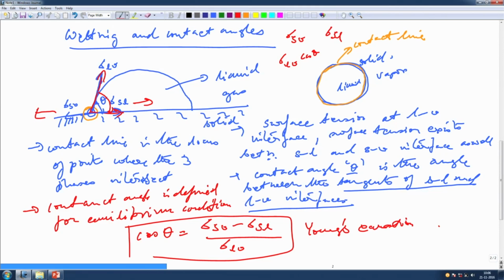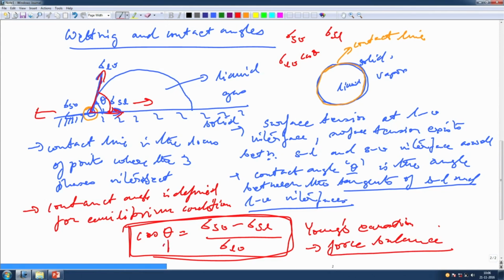So, all of that cancels out, and therefore, you get this particular relationship from the Young's equation. So, Young's equation is nothing but a force balance which gives a relationship between the contact angle, theta, and the corresponding surface tension values between the solid vapor, solid liquid and the liquid vapor interfaces.